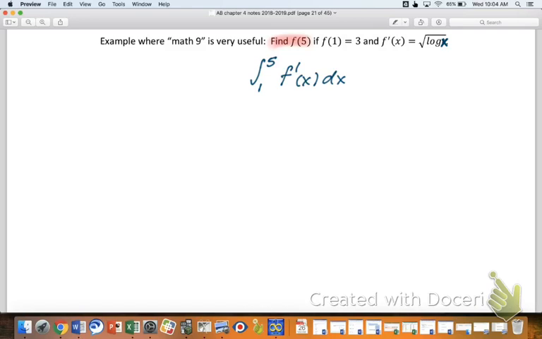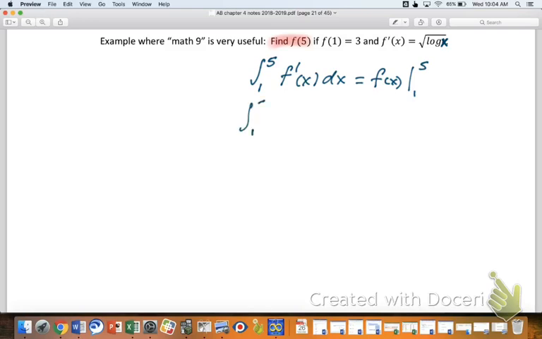But what I want to do is write this out in a more useful form for us. I'm going to write that this equals, first of all, what's the antiderivative of f prime? It's f. So I'm going to write f of x evaluated from 1 to 5. And then I'm going to expand this a little bit further.